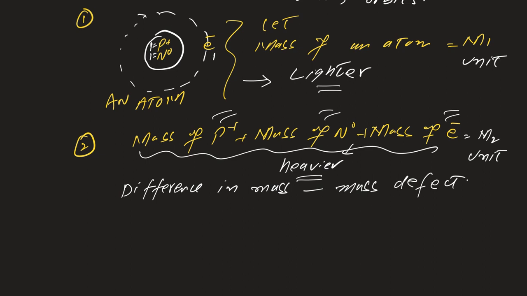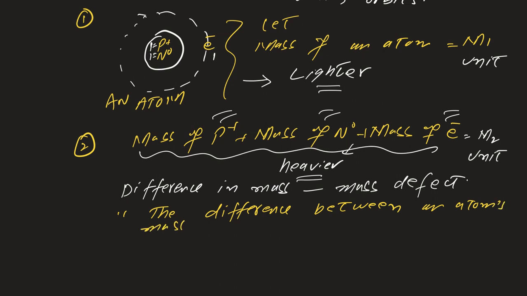If you would like to define mass defect, it is the difference between an atom's mass and the sum of masses of its particles.